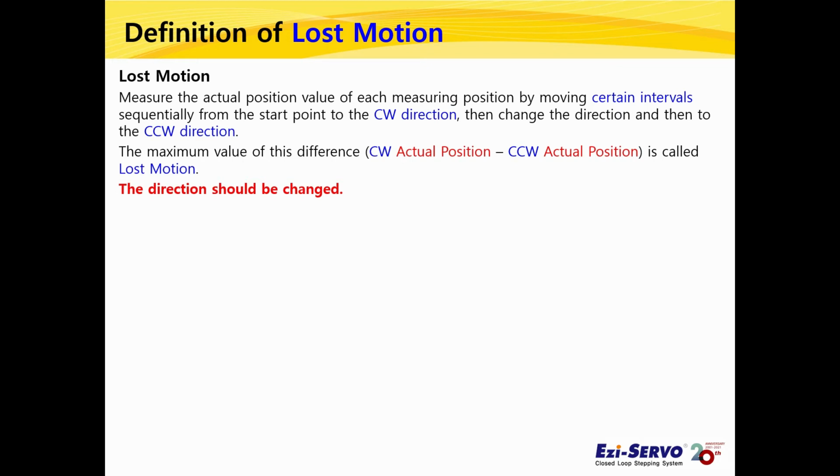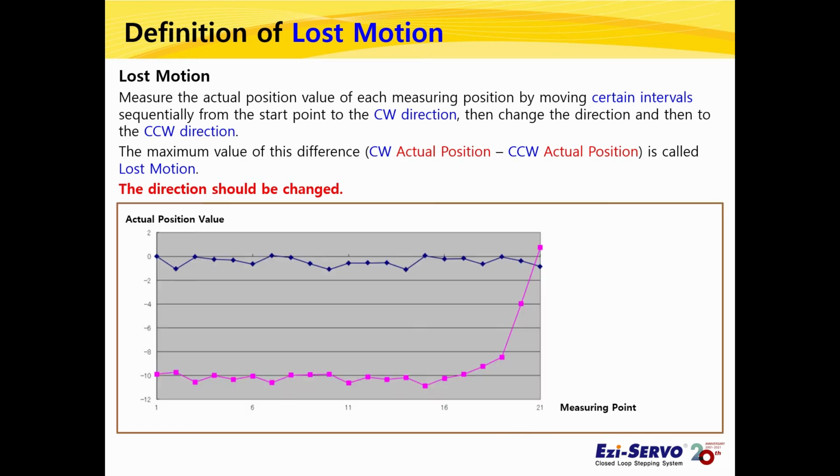For example, please look at the graph. The horizontal axis of the graph is the measurement point, and the vertical axis is the actual position value. The blue graph shows the actual position value when commanded to move clockwise, and the pink color represents the actual position value when commanded to move counterclockwise.